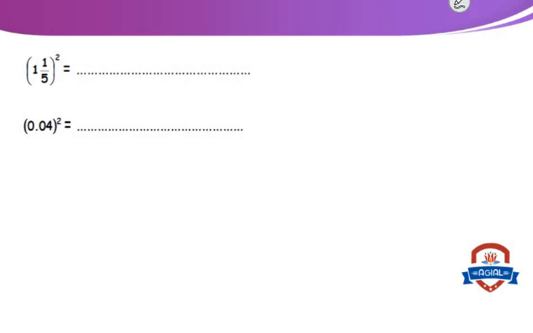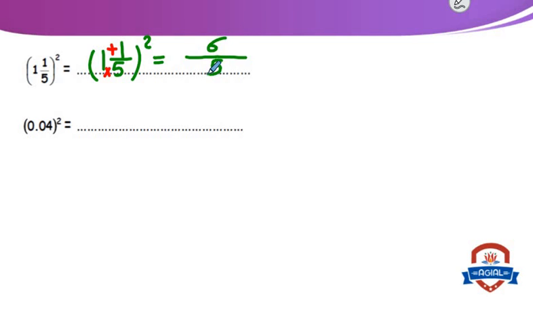1 and 1 over 5 to the power 2. This is a mixed number, so first convert it into a fraction. 1 times 5 plus 1 equals 5 plus 1 equals 6.